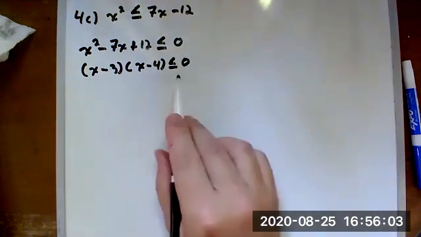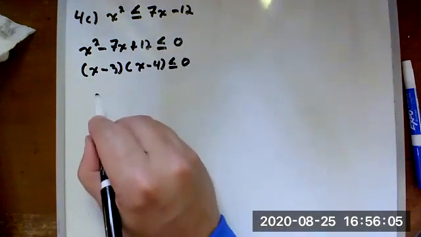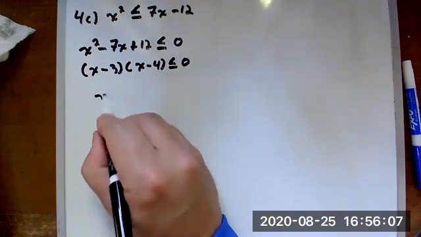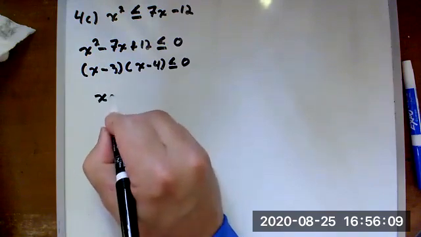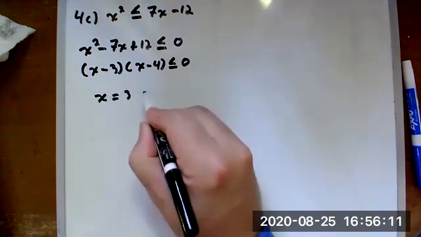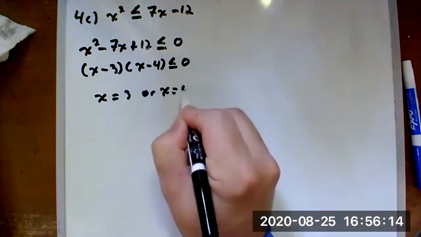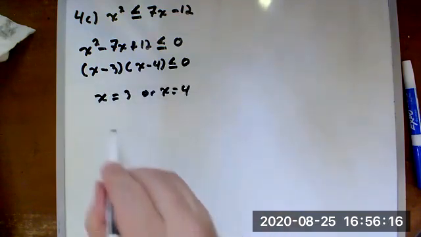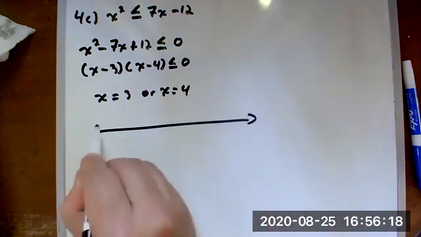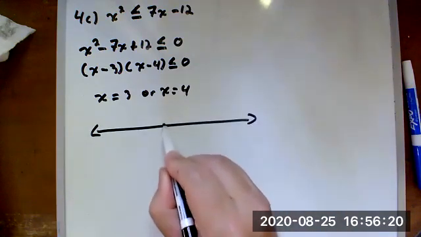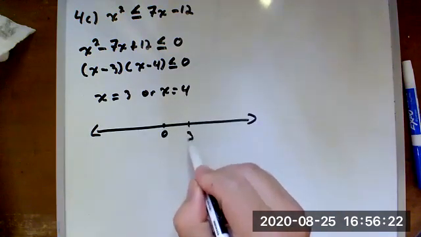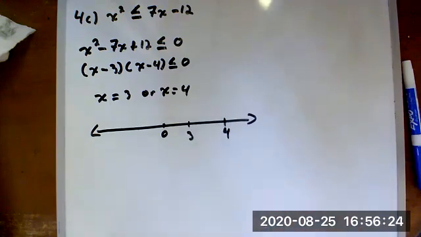This means as soon as we set this up, I'm looking for x equal to 3 or x equal to 4 as the points that I'm looking for. Set up my number line really quickly. 0 is way down here. There's 3. There's 4.